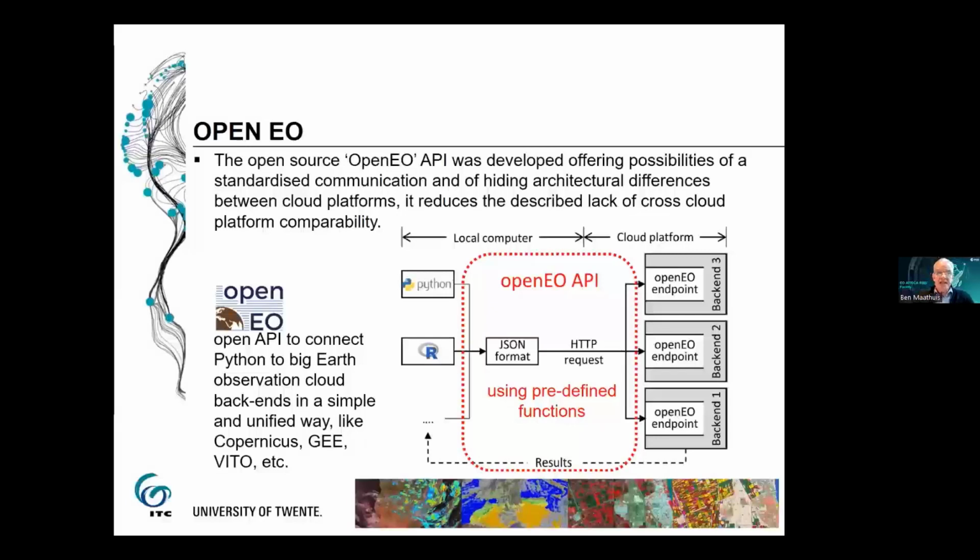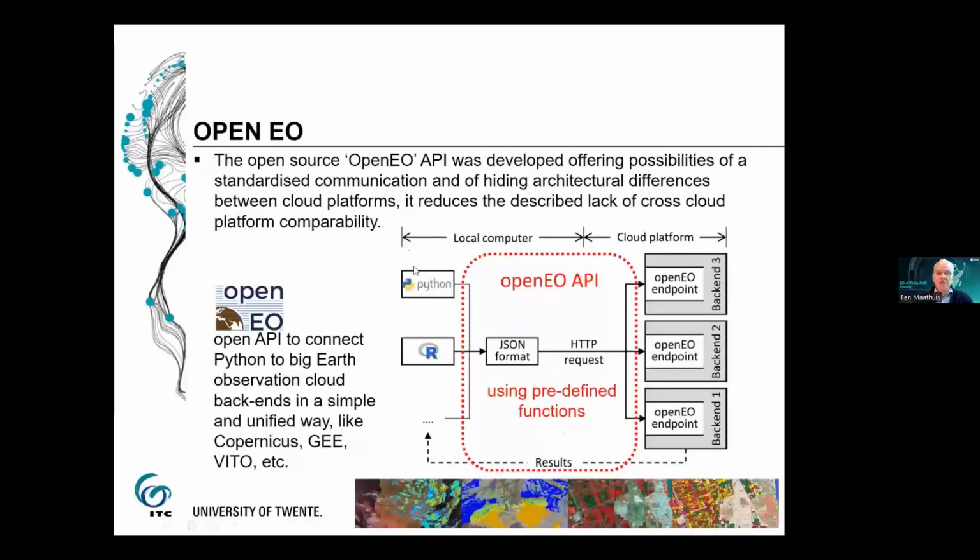To facilitate this, a number of years ago, the openEO API was developed, which offers possibilities to have a standardized communication and hides architectural differences between various cloud platforms. So openEO can be used to connect to big Earth observation cloud backends like Copernicus, Google Earth Engine, Vito.